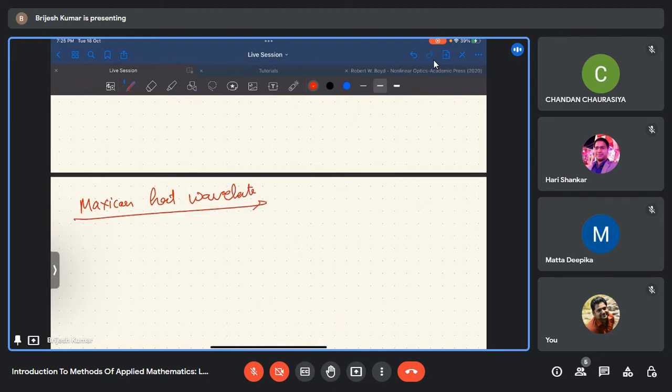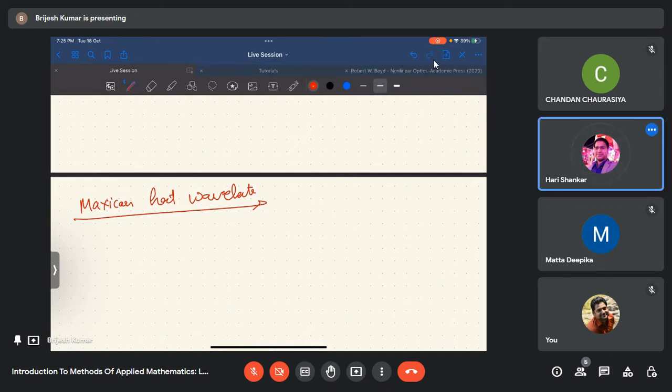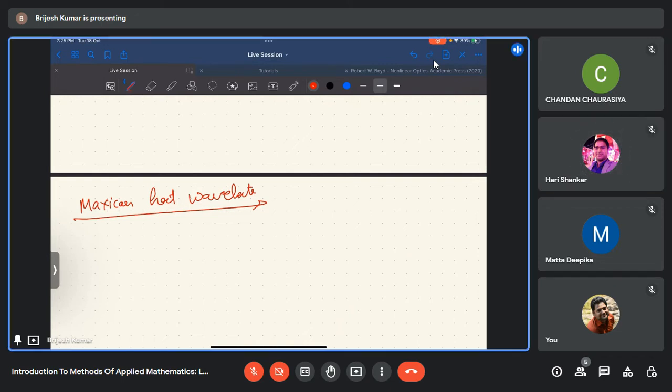In the course, sir mostly covers, what is the name, Daubechies wavelet, right? In Daubechies wavelet transform, there are two main types of wavelets: Daubechies and the Haar wavelet transform.